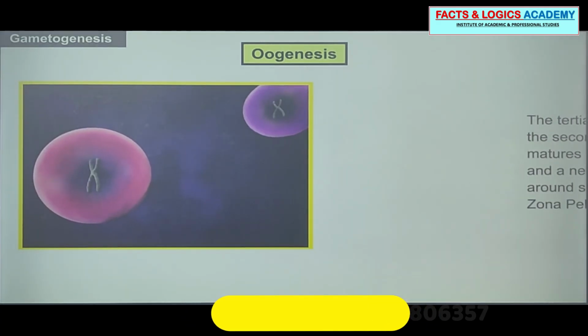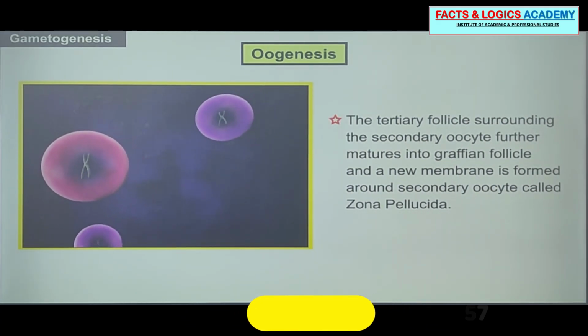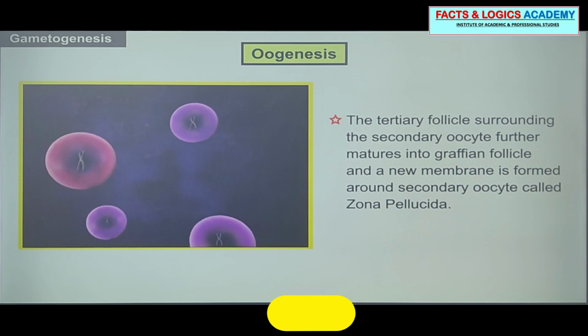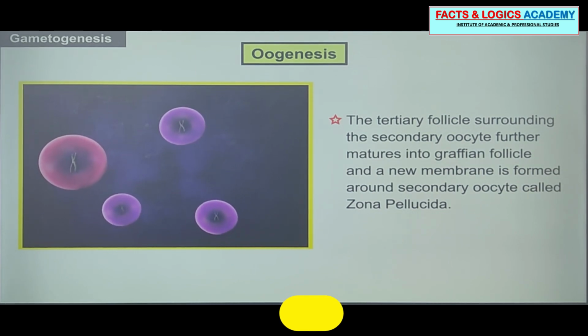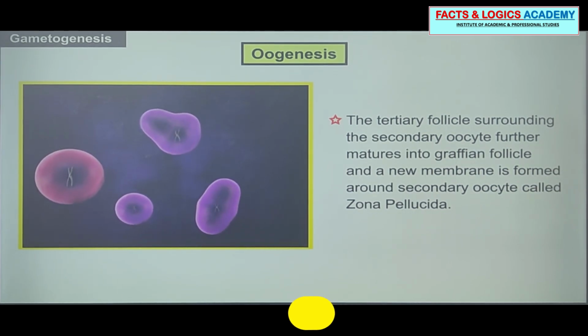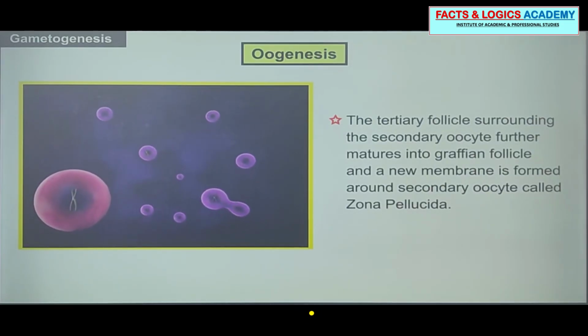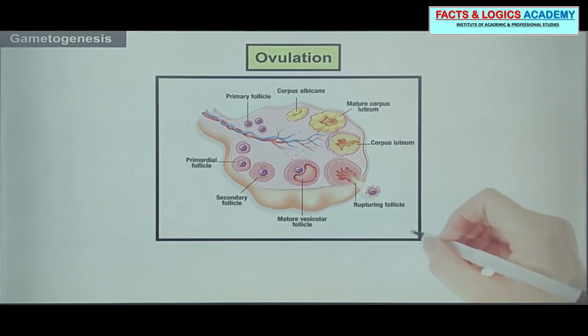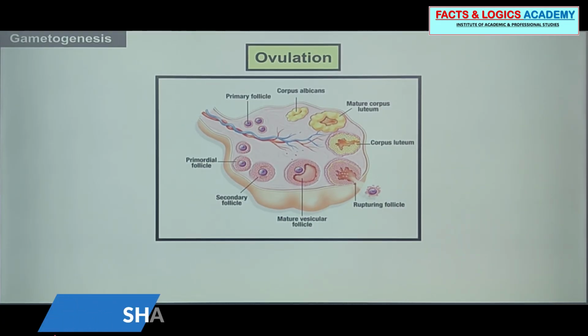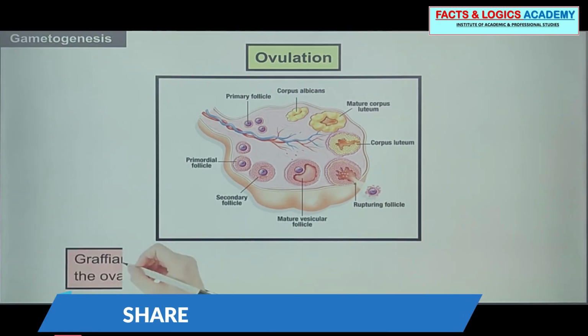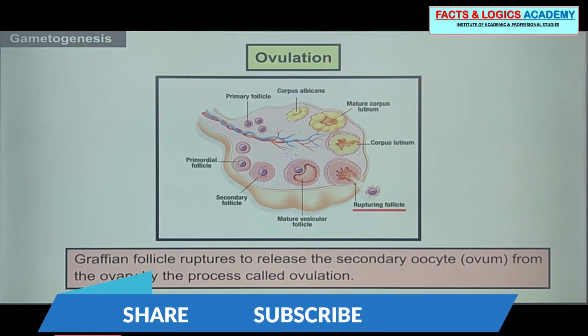The tertiary follicle surrounding the secondary oocyte further matures into Graafian follicle, and a new membrane is formed around the secondary oocyte, which is called the zona pellucida. This process takes place in the reproductive phase after puberty. At the mid of each menstrual cycle, the Graafian follicle ruptures to release the secondary oocyte (ovum) from the ovary by the process of ovulation.